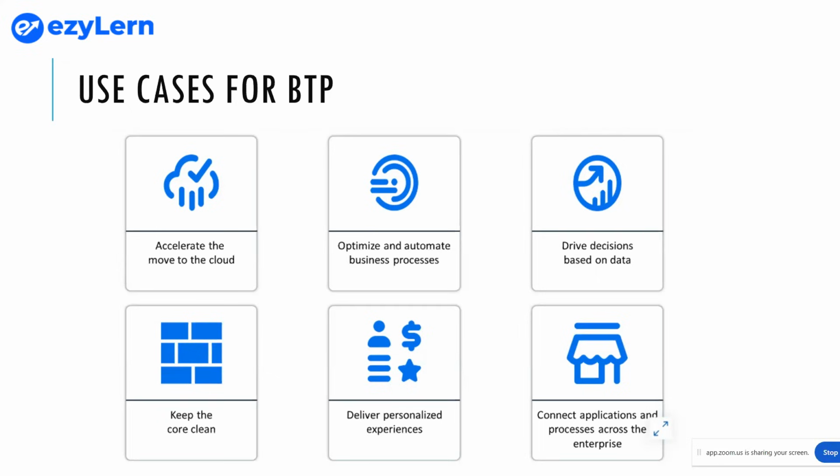So what BTP does is it provides the integration capabilities that act as a connective tissue that brings all applications and processes together, ensuring seamless integration between SAP and third party solutions. And with the wealth of pre-built integrations and AI assisted development, organizations can quickly achieve harmonized access to the enterprise.